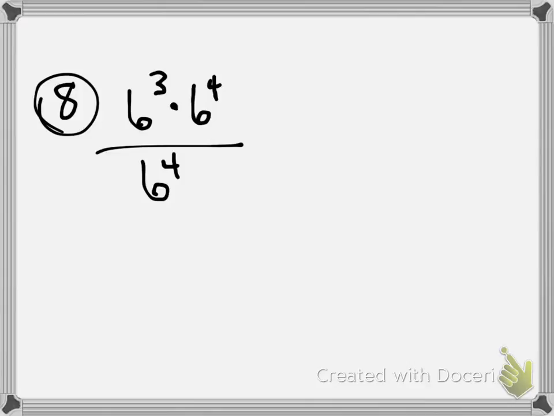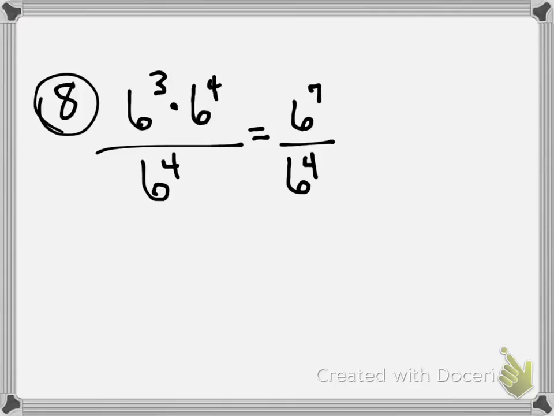Well, what you can do is cancel those 6 to the 4th power out if you want, because that's just like, for instance, a 2 over 2, they're the same, so they cancel. 6 to the 4th is the exact same thing whether it's on the top or the bottom. But let's say you don't remember that. So the top of that's going to be 6 to the 7th power, and the bottom of that is going to be 6 to the 4th power.